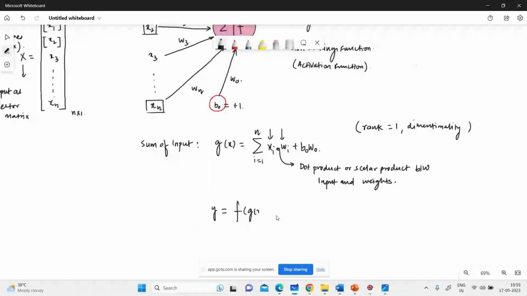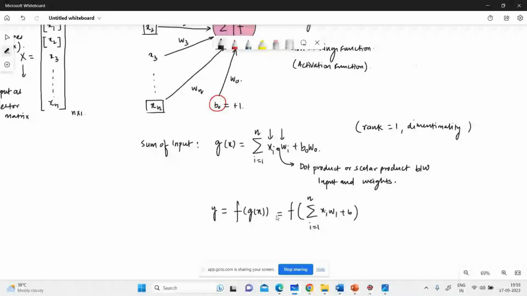Replace your g of x by this summation, i equals 1 to n, xi wi plus bias.